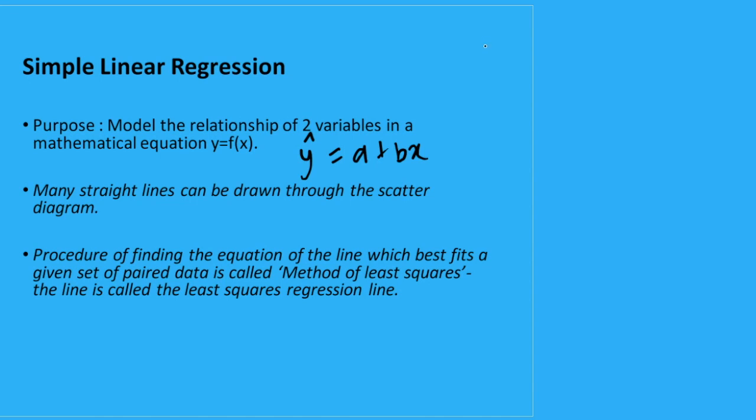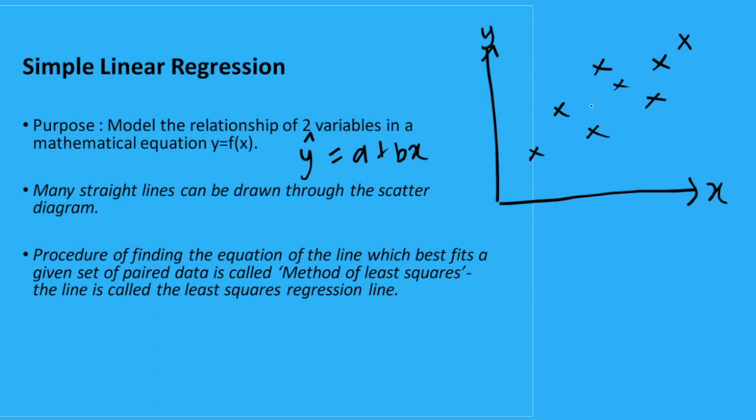So imagine I have a scatter plot here. There are many lines that could be drawn through the scatter diagram. For example, this line here, or this line here, or even this line here.